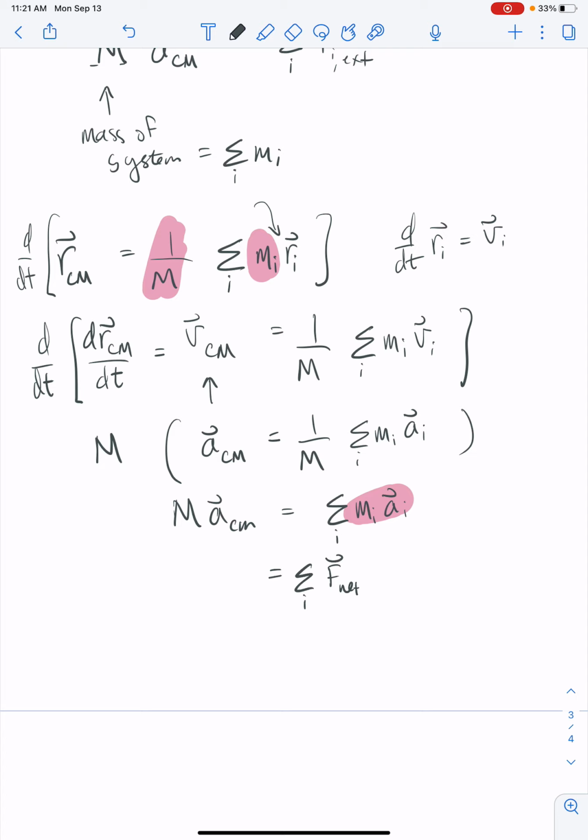Okay? And then now we can think of each point inside the object as having a set of forces that are internal to the system as a whole and external to the system as a whole.